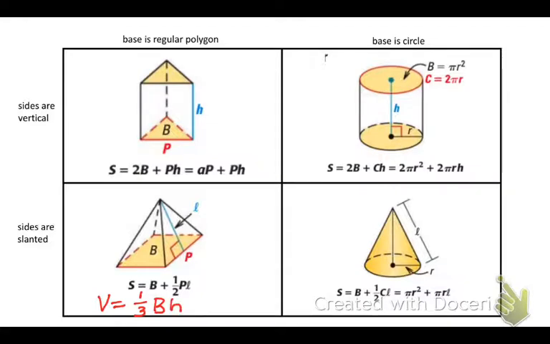Okay, the volume is 1/3 BH, and the volume is 1/3 BH is equal to 1/3 pi r squared h. That's an r. Okay, so let's go forth and use these.